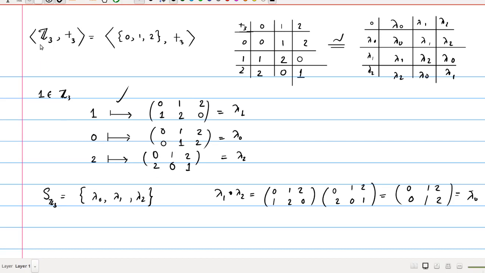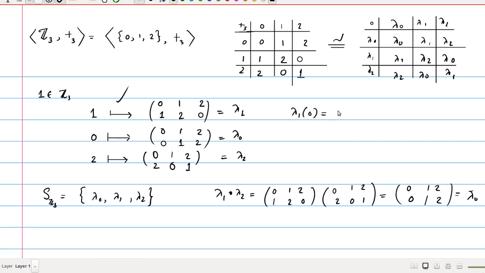If you replace this Z3 by any arbitrary group, finite or infinite, then for each group, if you fix a group G first, then corresponding to each element of that group, we will construct permutations using this idea. Okay, so how will you define this permutation? If this is lambda 1, how will you get lambda 1 of 0?